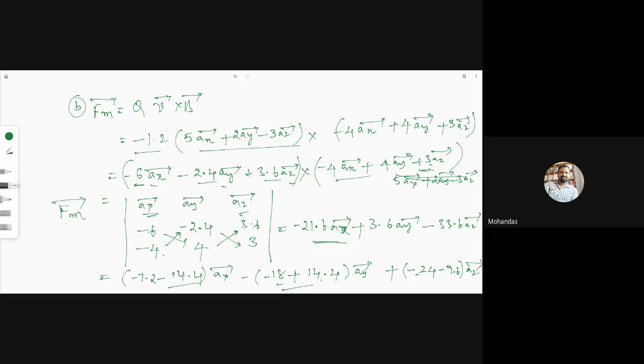So all of you try to do this problem on your own. Venu, are you doing it? Yes, sir. Okay. 271. 271.